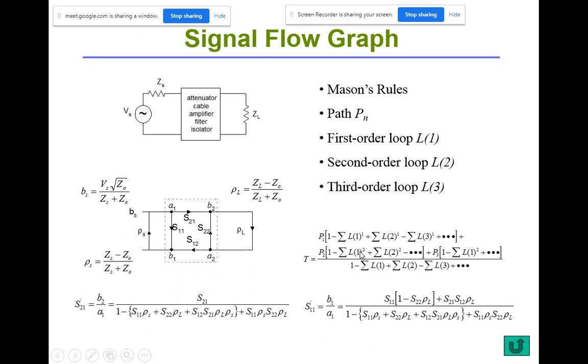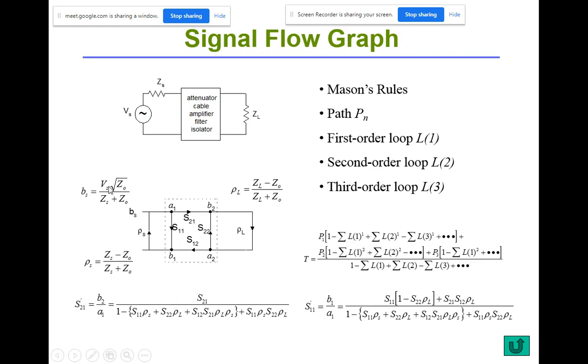If you are talking about path number two, then you have a superscript two, and so on. So for the first one, you need to find the sum of first order loop gain. The subscript one means that you only include those loops that don't touch the path.